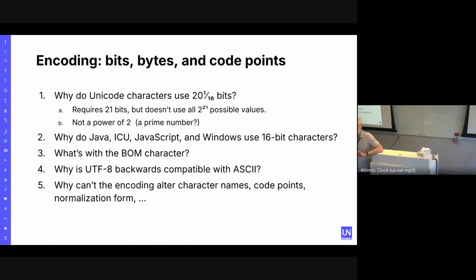And one of the features which was not really required by Unicode, but was required by ISO, was that the character names had to be standard as well. Now, there's an importance to character names in terms of establishing the identity of characters, that a B is different than an A, for example.